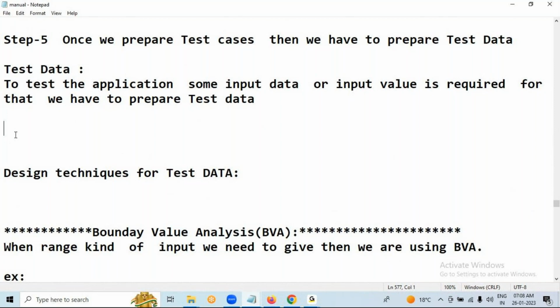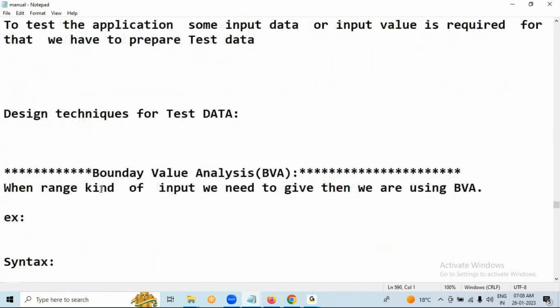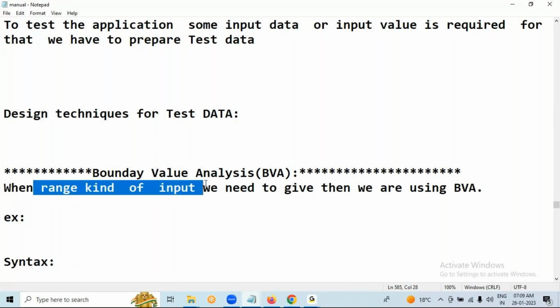The first one is BVA, boundary value analysis. When we need to give a range kind of input, we use BVA.